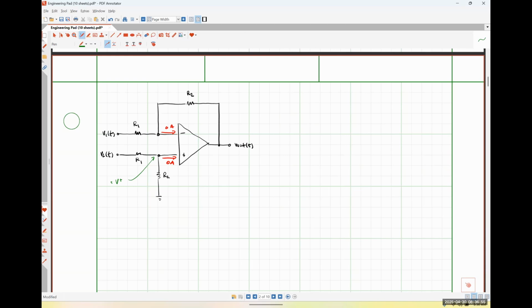So I have a known voltage drop applied across 2 resistors in series, and I'm interested in finding the voltage only over the second resistor. So what could I do? Voltage division. Okay. So using voltage division, I would find that this voltage V plus is simply my input voltage V2 multiplied by a factor of R2 over R1 plus R2. Are we all okay with that application of voltage division there?